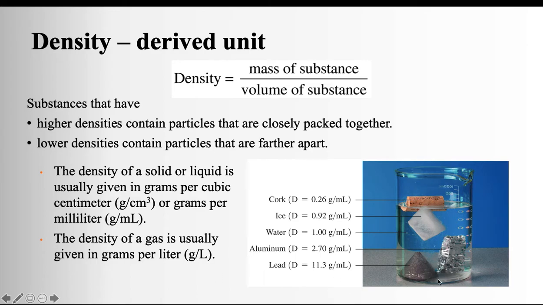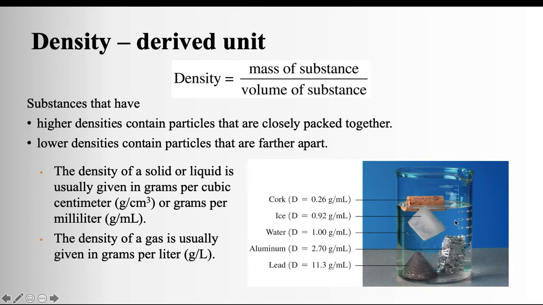A quick rule of thumb to figure out the density of certain substances is to place them in water. For example, water has a density of about 1 gram per milliliter. If we place something in water and it sinks, that substance has a higher density than 1 gram per milliliter. A piece of aluminum, for example, has a density of 2.7 grams per milliliter.